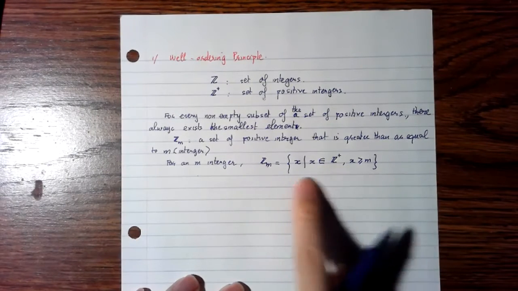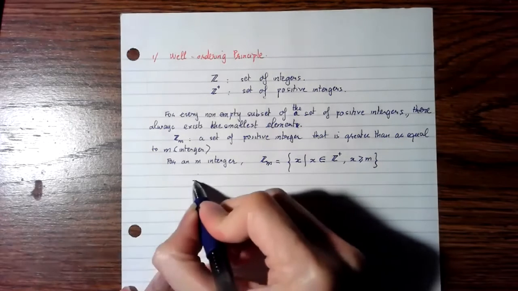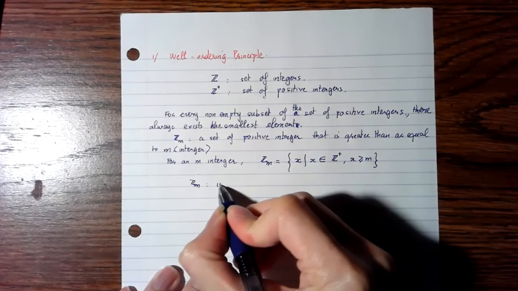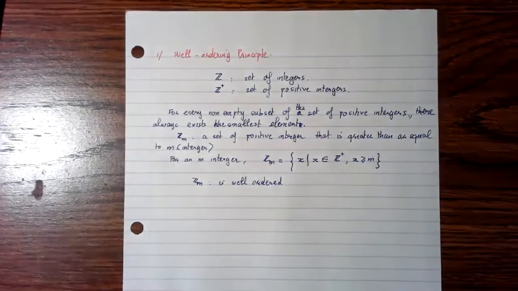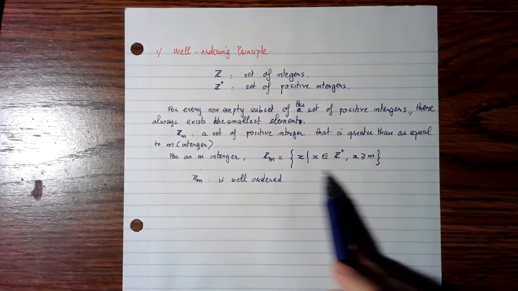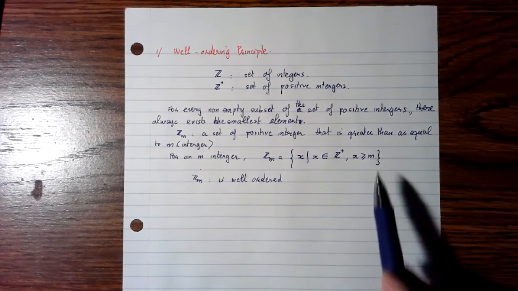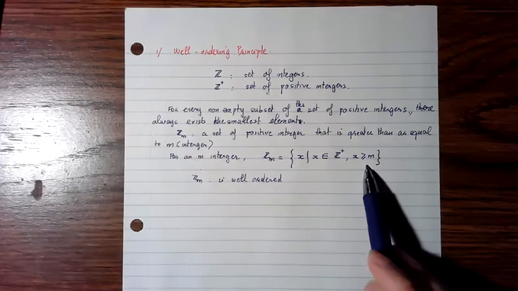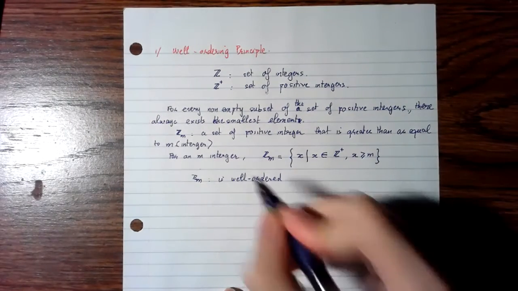This is like set builder notation where we use the curly brackets. Of course, this set is well ordered, because it's contained in the set of all positive integers, and this set contains the number m, which is the smallest number in this set. So I can say that Z sub m is well ordered.